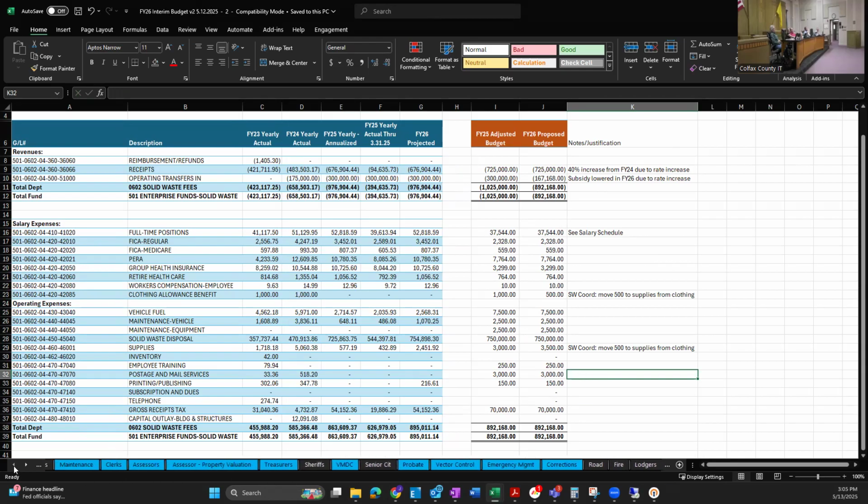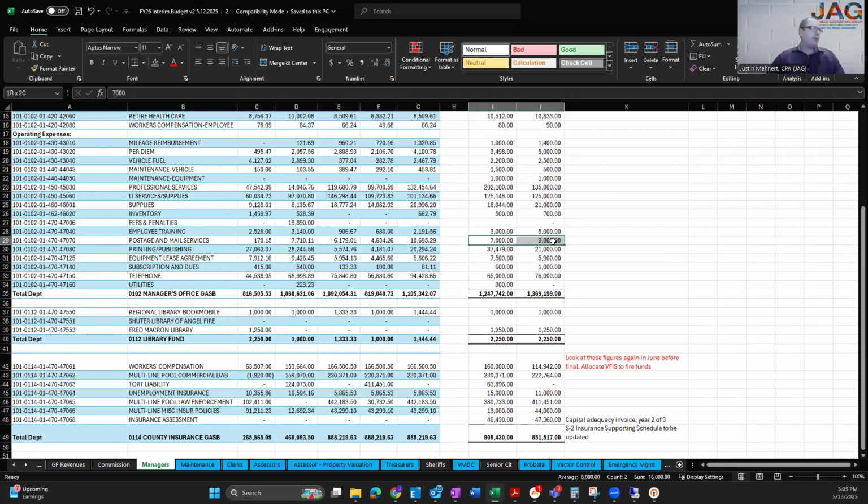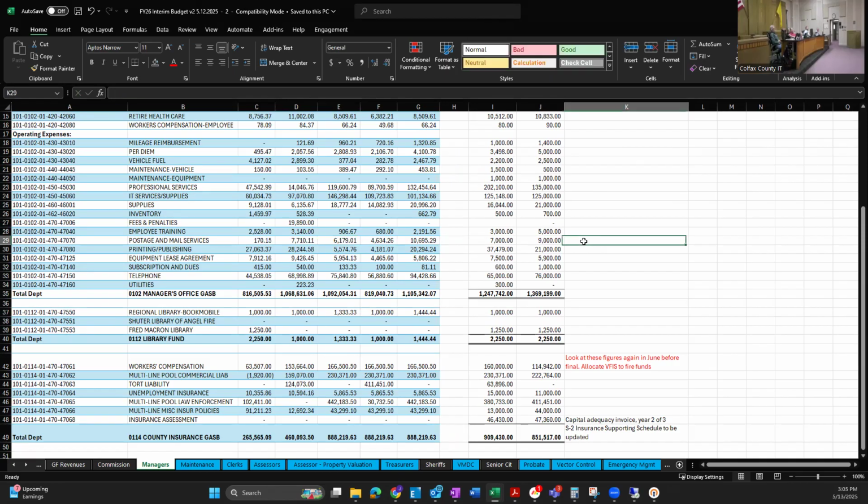I bet you will see an increase in mailings. We have increased that budget to account for that, I think. It used to be not much and then it suddenly went up.